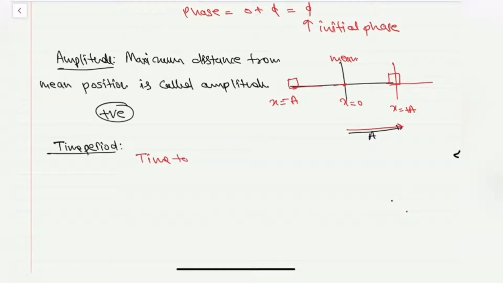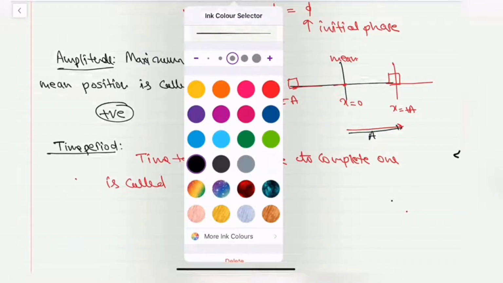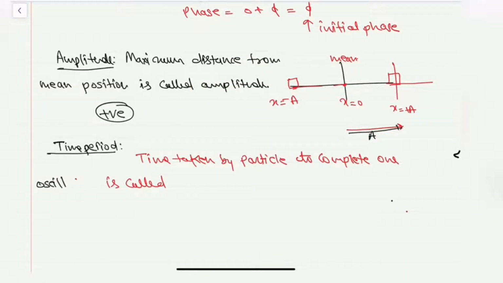Time taken by the particle to complete one oscillation, not revolution, is called time period, and it is represented by capital T.